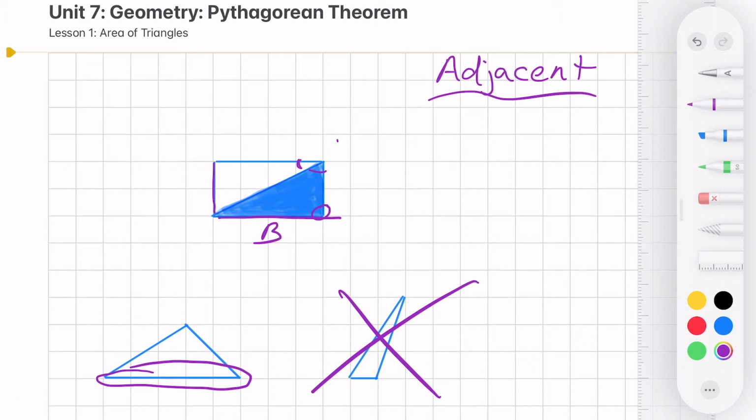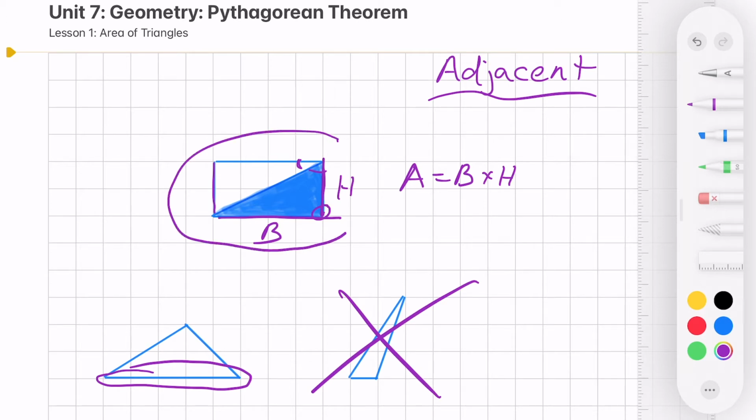And then this line here is going to be classified the height. And if I multiply the base times the height, that is going to find the area of the entire rectangle. But I want to find the triangle.